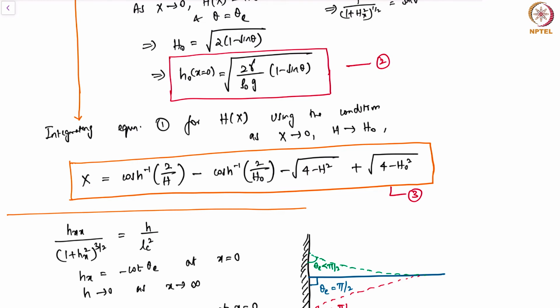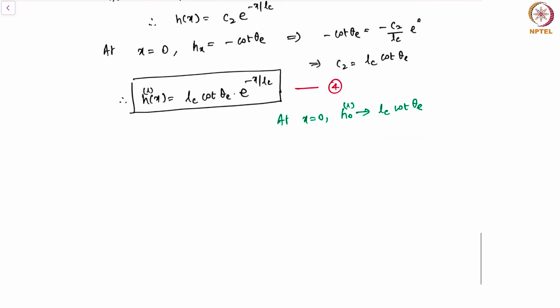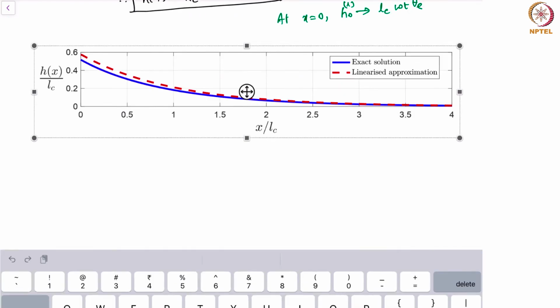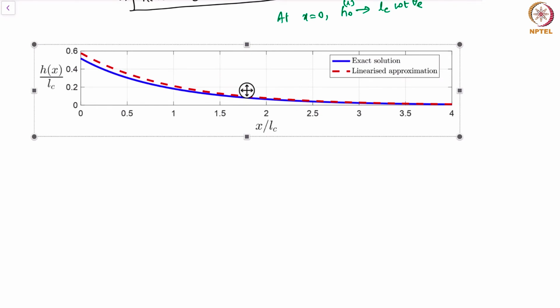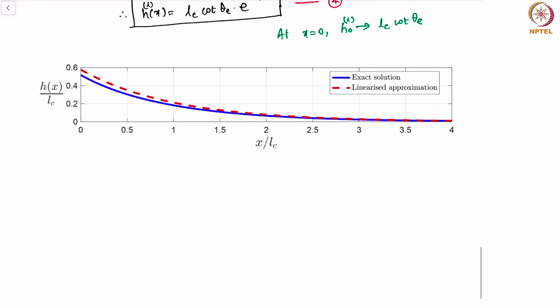Okay. Now, what we want to do is to compare the two solutions. I've made a simple comparison for an angle of theta equals 60 degrees. I'll show that now. Here I'm showing you two graphs.